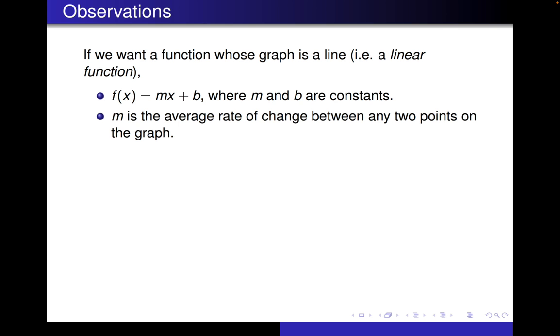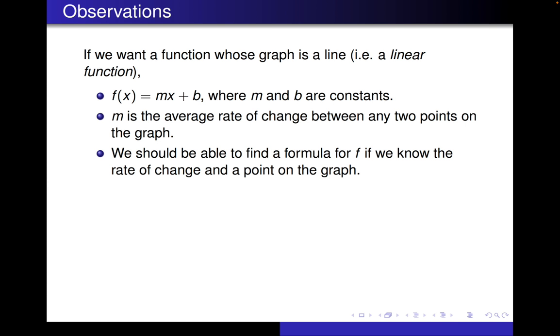The m appears to be the average rate of change between not just 2 points that are given in the problem, but any 2 points on the graph. And given the information about f, knowing the rate of change and knowing a point on the graph, we should be able to find the formula for that function, and it should be of the form f of x equals mx plus b.